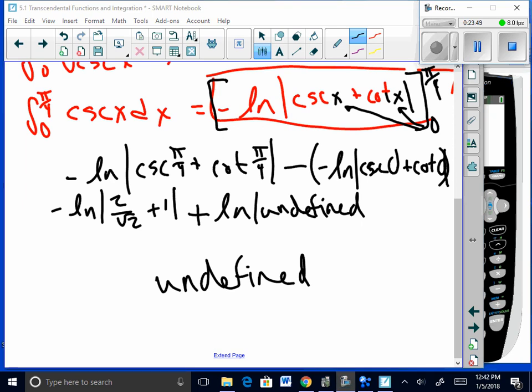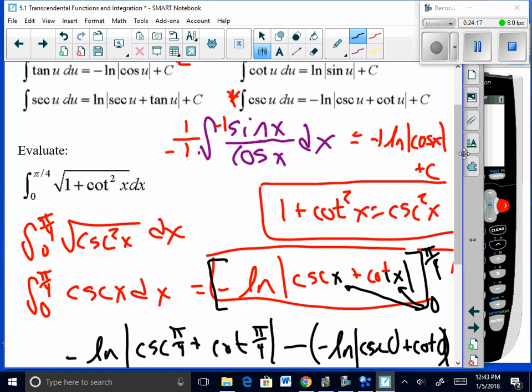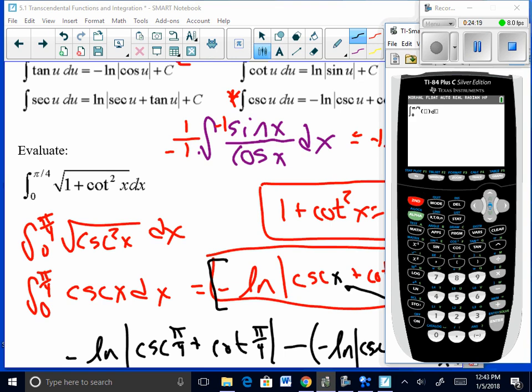Since this was a definite integral, I could check my answer in the calculator. Remember on your calculator, where do I find the integrals? Okay, math, and then arrow up or down until you find function integrate, so number 9. And then you would type in 0 to the pi fourths, and then the original problem, which was the root of 1 plus cotangent squared.